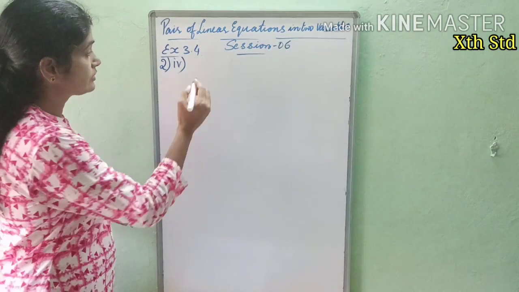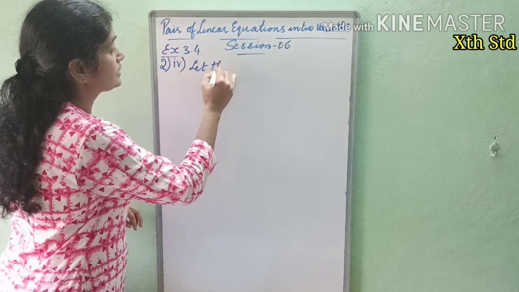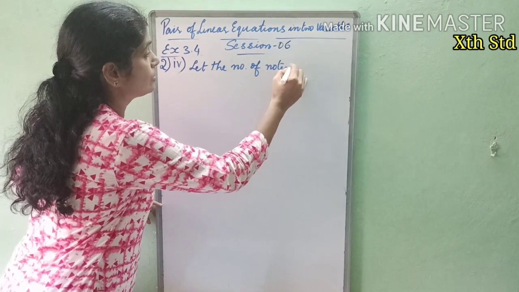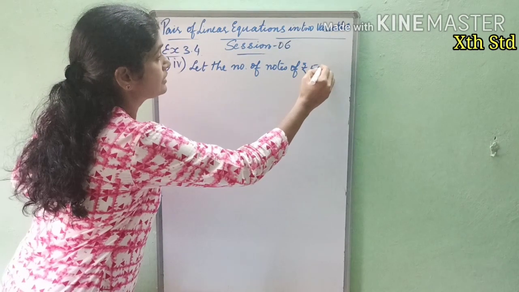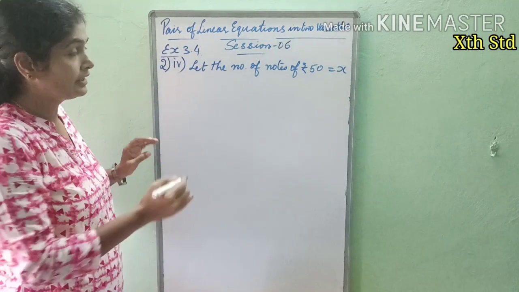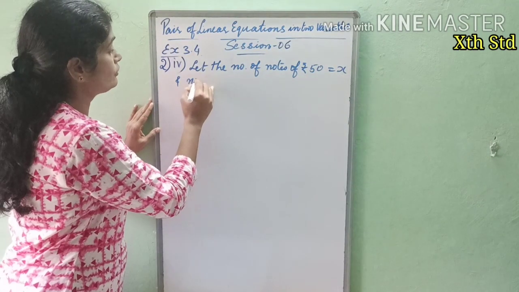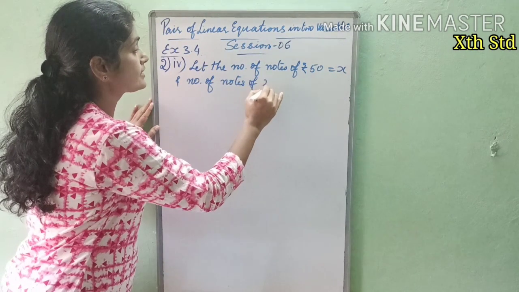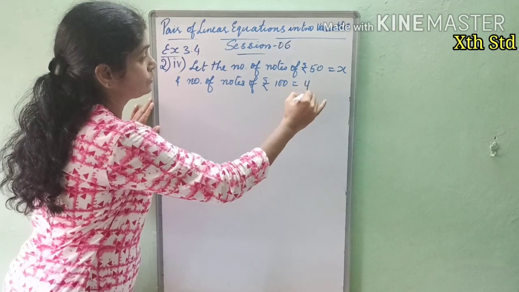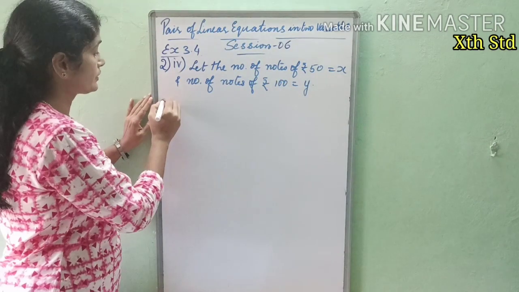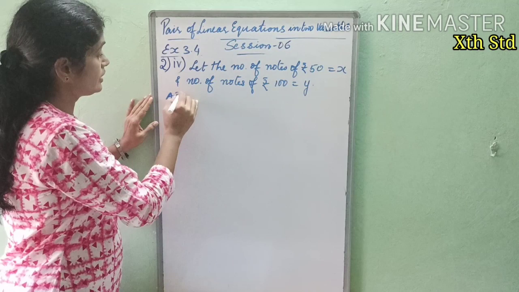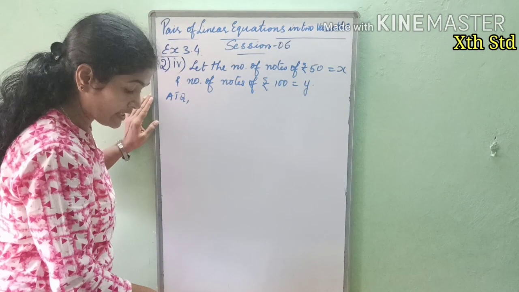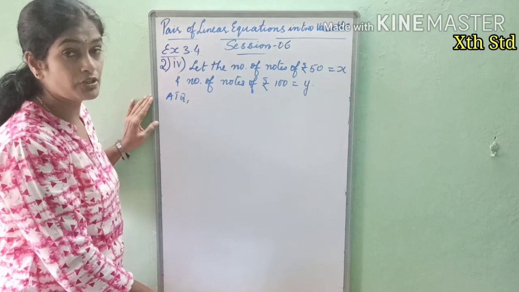So we will write: let the number of notes of rupees 50 be x, and the number of notes of rupees 100 be y. Then according to the question, first condition: she is withdrawing 2000 rupees.